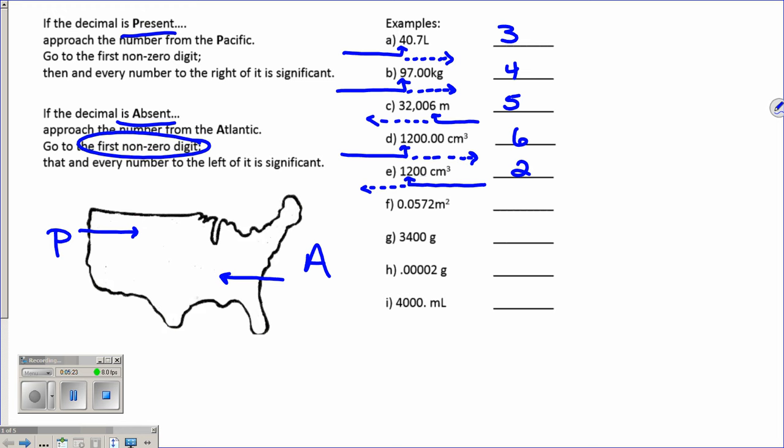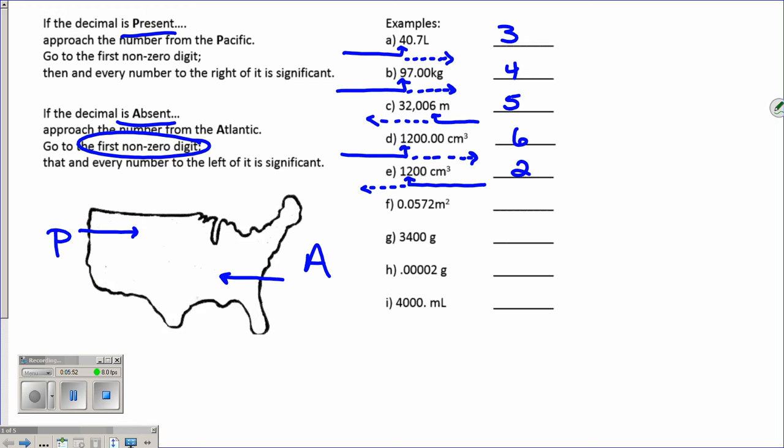Remember that this value of volume, centimeters cubed in D, that measurement was made with a tool that has a mark for every 1/10 of a milliliter or centimeter cubed. Letter E, that tool has a mark for every 1,000 milliliters. Remember, the last digit is always estimated, and then the digit directly to the left of that is the known.